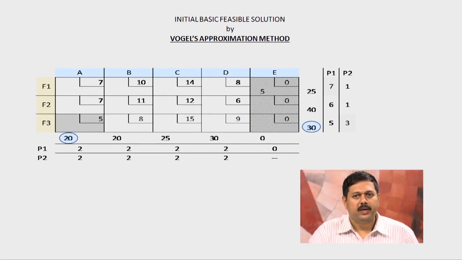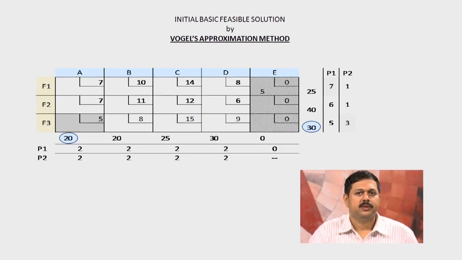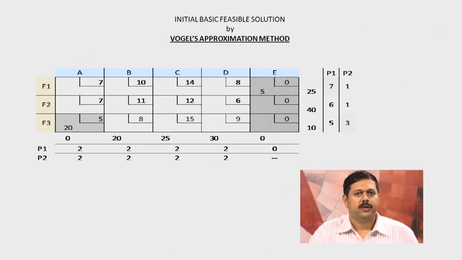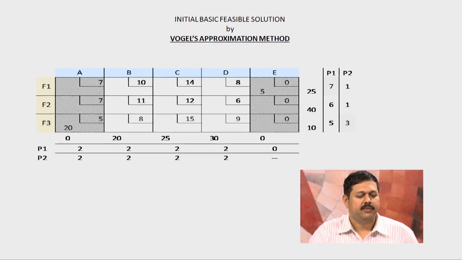So, allocate the chosen cell with 20 so that all the requirements of store A are fulfilled by sending 20 items from the factory F3. So, no more requirements in store A and hence block the column A, and 10 more items are left in the factory F3.